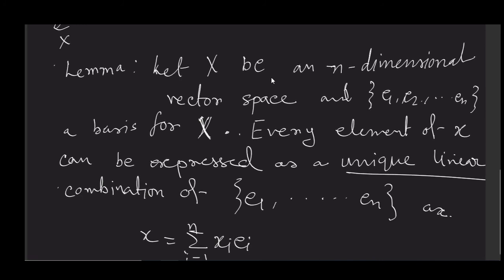So what I am trying to say, let x be an n-dimensional vector space, and E1, E2, En, all of them, they form a basis of that vector space.